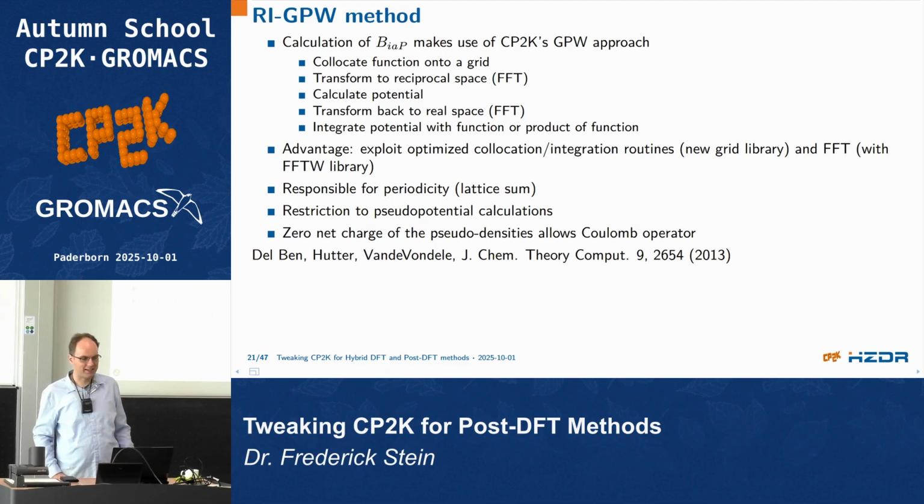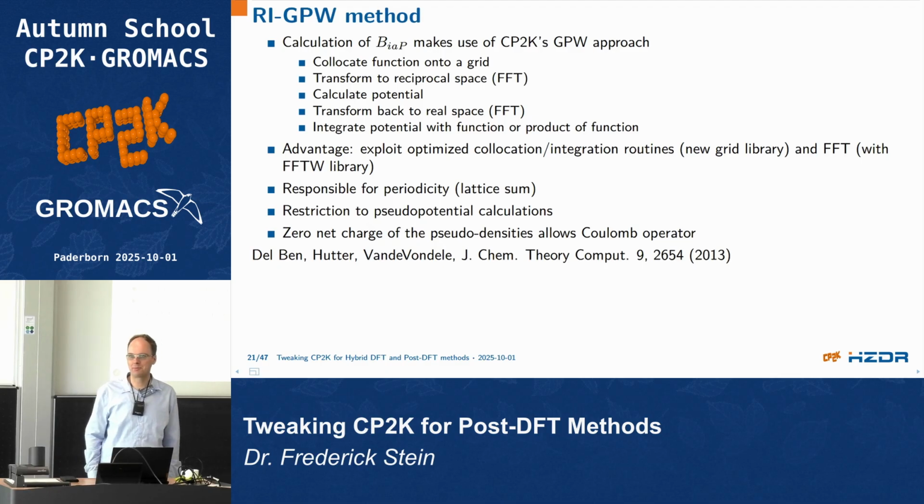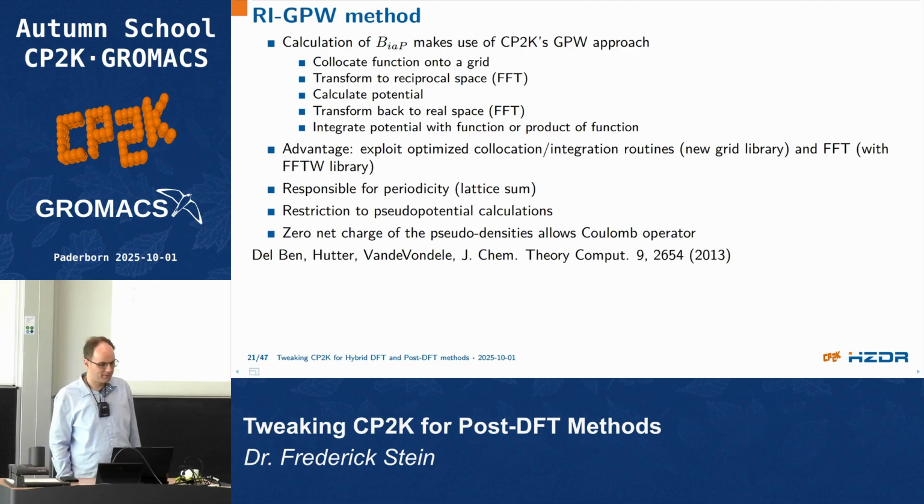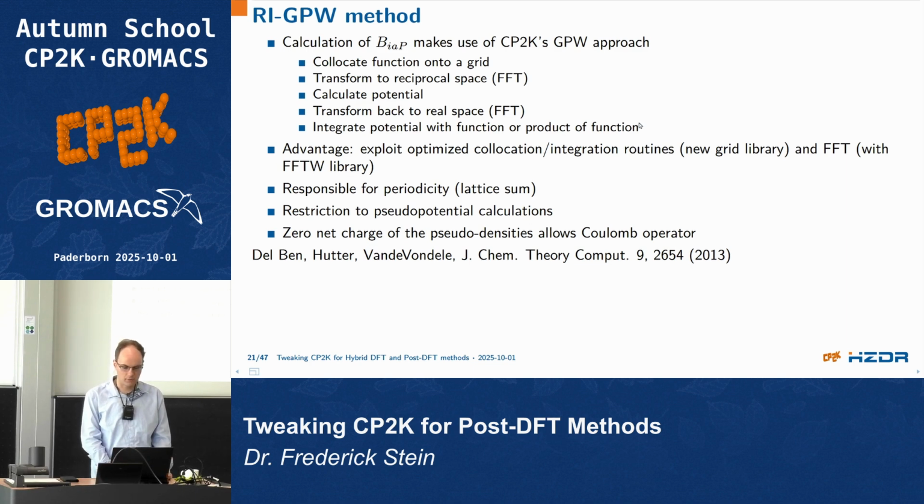Well, again, we use the GPW method that Thomas was talking about yesterday, meaning that we basically start from these auxiliary basis functions that we introduced to expand our densities, calculate the potential using our GPW approach, transform it back, integrate the potential, and that's also how we can run these operations on the GPU, making it significantly more efficient.